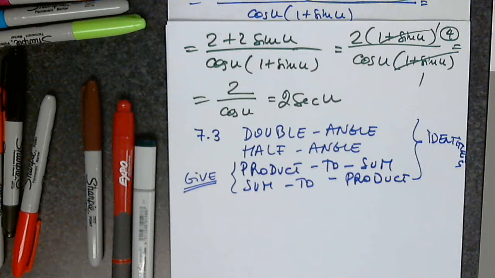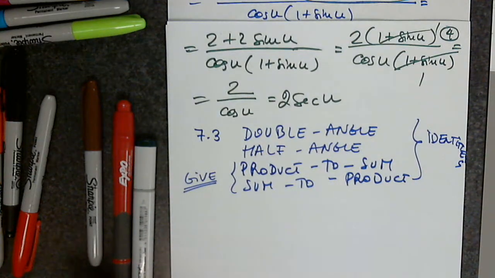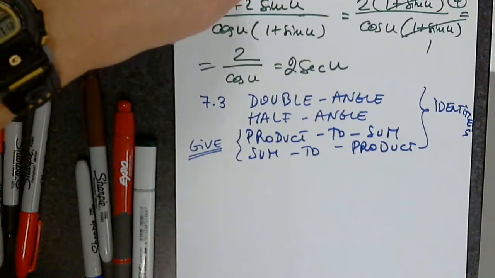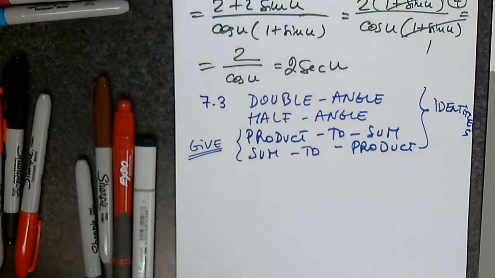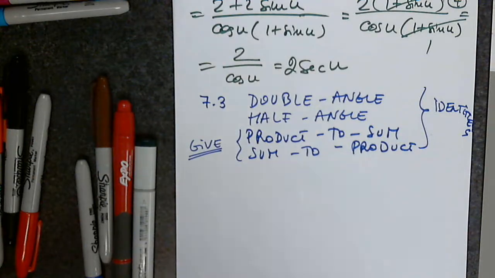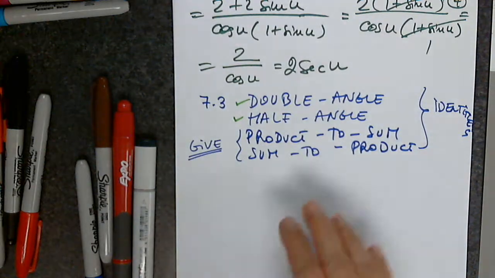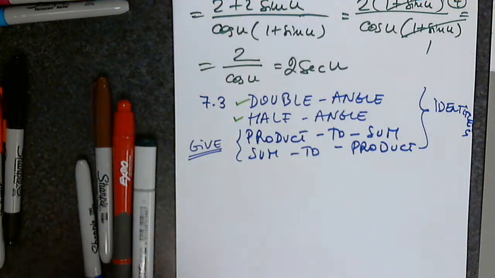The reason why I'm not emphasizing them right now is because they are not used in Calc 1, they are used in Calc 2. So it's unlikely that you will remember them in 2 semesters from now. I don't want to spend time on memorizing those two. The other ones are very important. So the double angle and the half angle are super important.